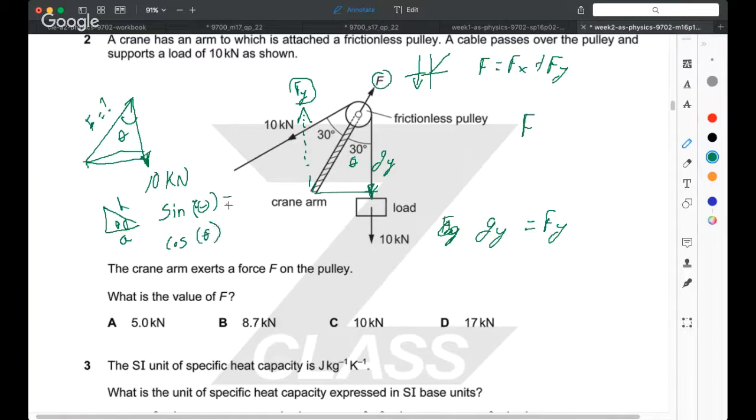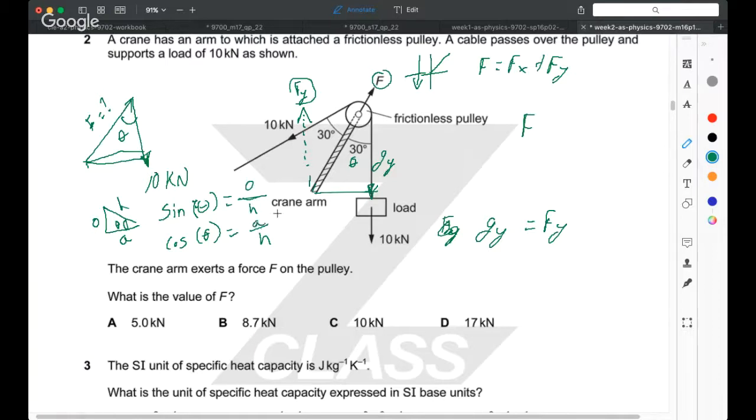You need to use cos theta. Both of them are over the hypotenuse? Yeah, it's a over h. So sine is opposite over hypotenuse, and cos is adjacent over hypotenuse.